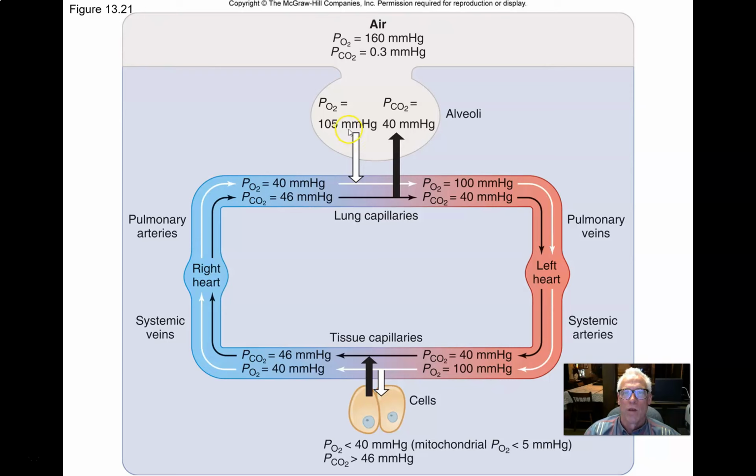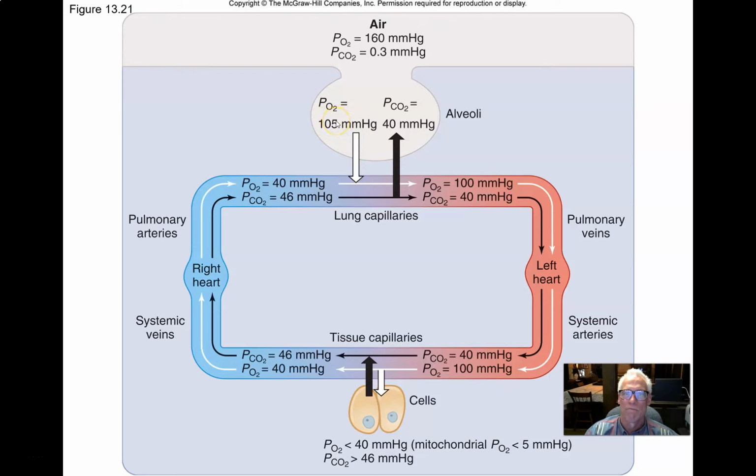Why is that? Well, for one thing, we've just mixed the incoming air with dead space volume, which has way less oxygen in it, and it dilutes some of the oxygen. So we have less partial pressure of oxygen in the alveolus. It also turns out there's a couple of other factors. We're going to humidify the air. We're going to introduce another gas, namely water vapor, and that's going to displace some of the oxygen. And some oxygen's always diffusing away. So anyway, we're just going to say the alveoli have around 105 or even 100 millimeters of mercury partial pressure oxygen.